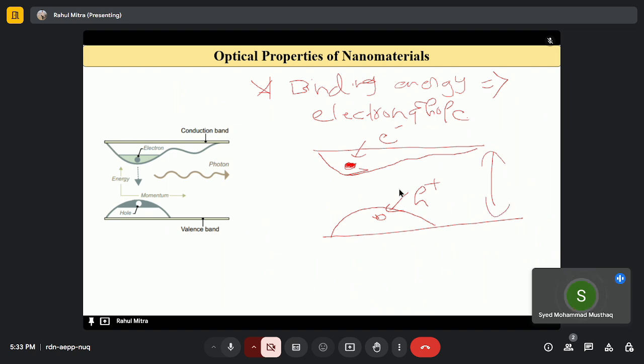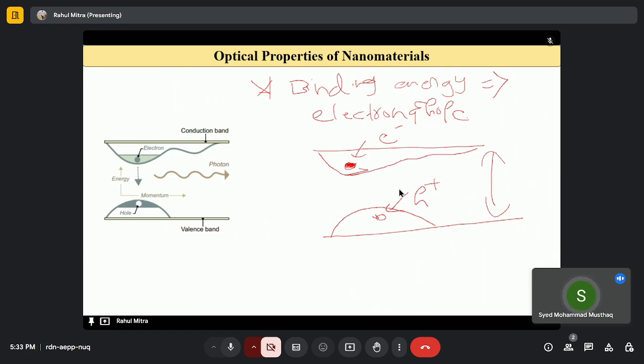But due to the binding energy of the electron with the hole, the electrons and holes can be found in between, in what we call the forbidden energy gap, right? Now this is about the exciton.